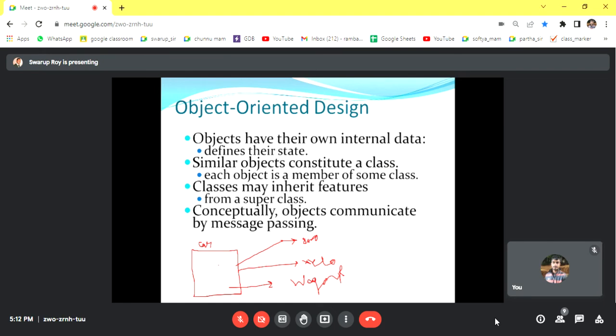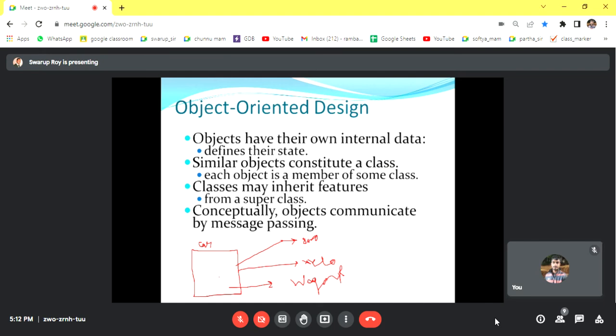Some of the functions will remain common for all: starting a car, stopping the car, light turn, left turn. You can think of many functions which are commonly applicable to all of them, but they may vary from car object to car object. They are different.